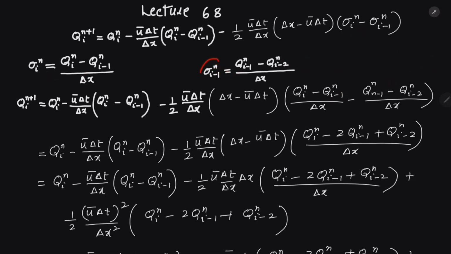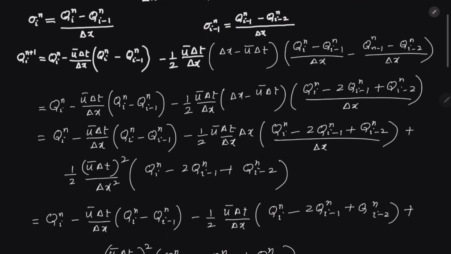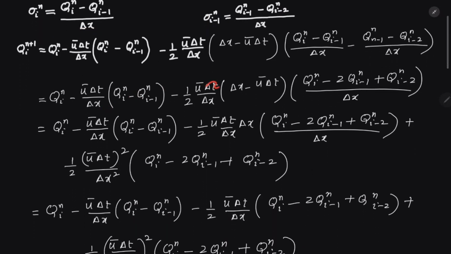The sigma n_{i-1} can be obtained directly when we replace i with i minus 1. All these terms remain the same, and we simply solve these two expressions and take the difference of these two expressions.